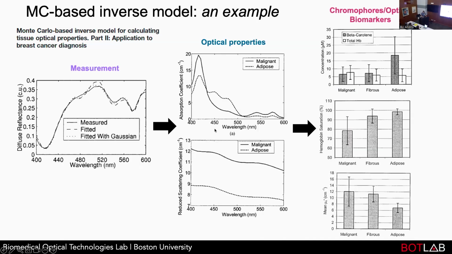So take just one of these tissues, for example, let's take malignant. You can see mu A here and mu S prime here. Compute in your head an estimate of what mu S prime over mu A would be at these different wavelengths. What you'll see here is, around 425 or so, absorption is actually higher than scattering. So you're way out of the diffusive regime in this case.